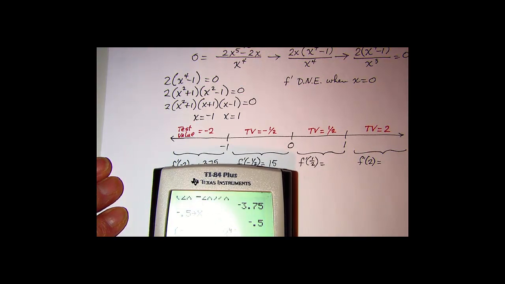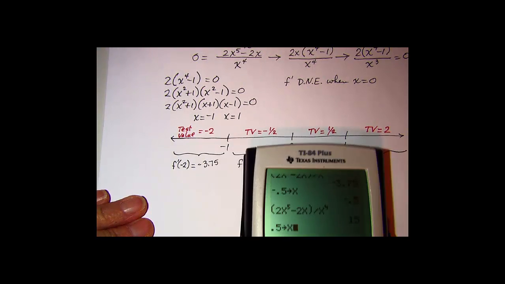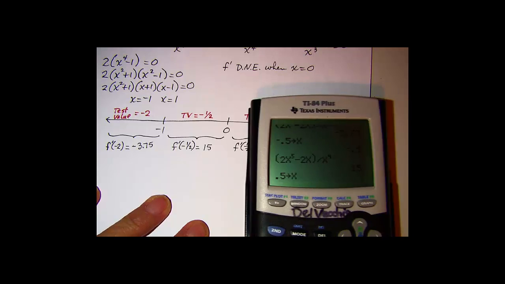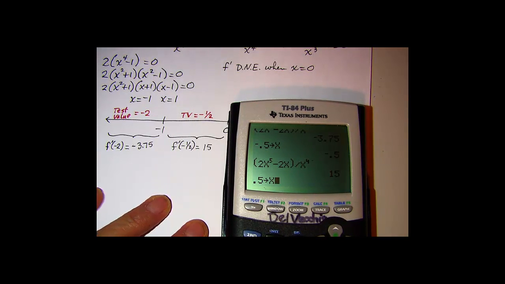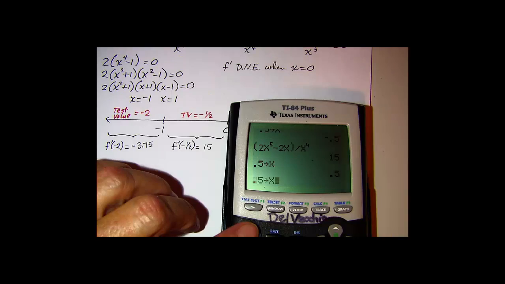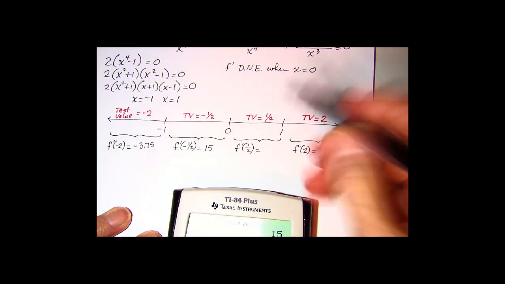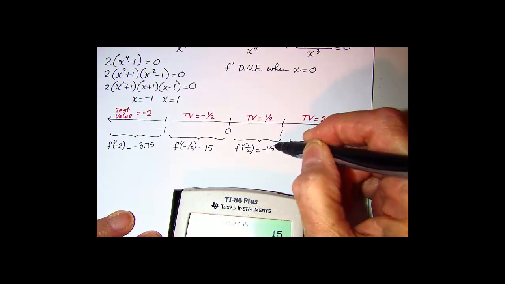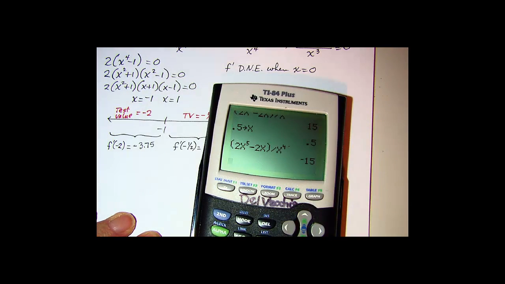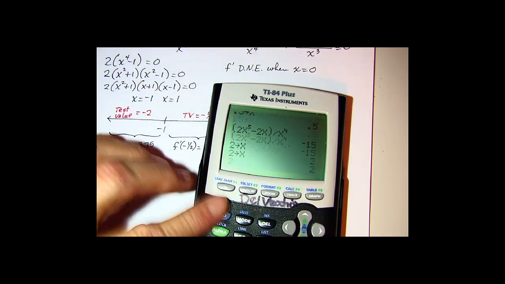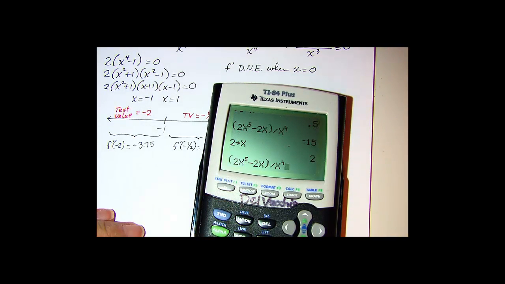Store +1/2, and we get -15, and then store 2, we get 3.75.